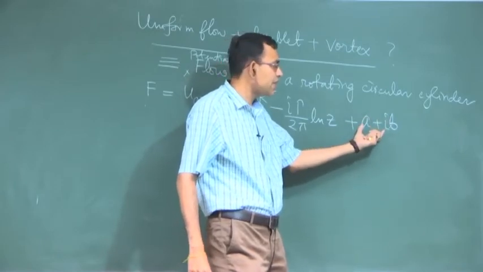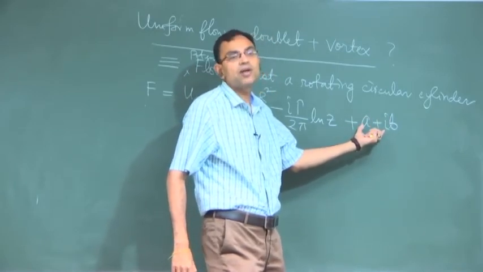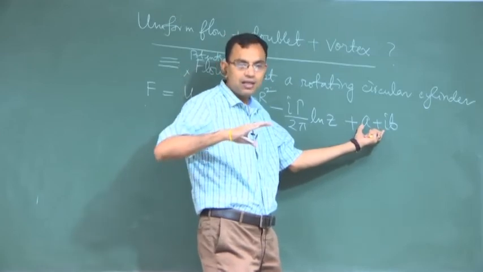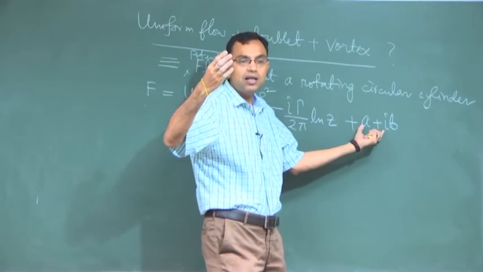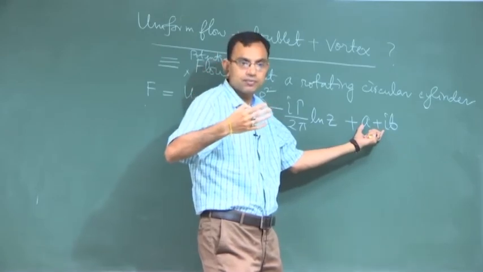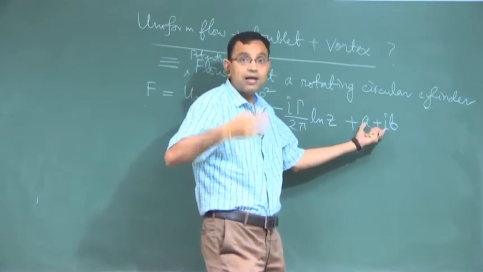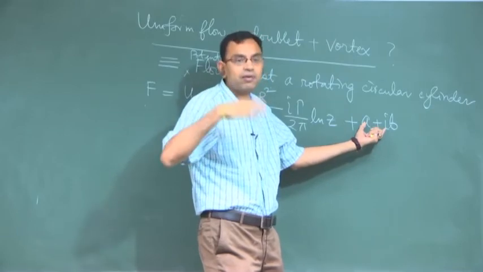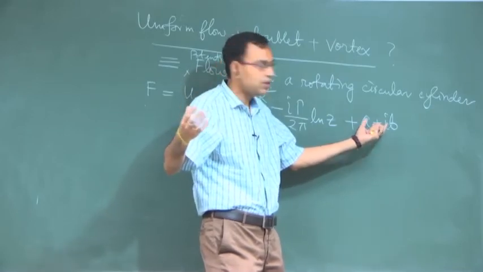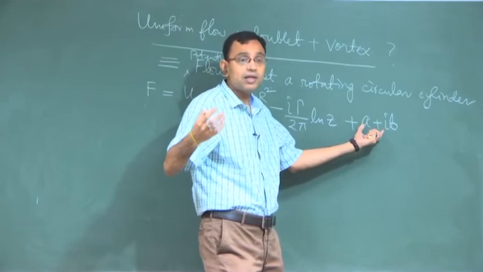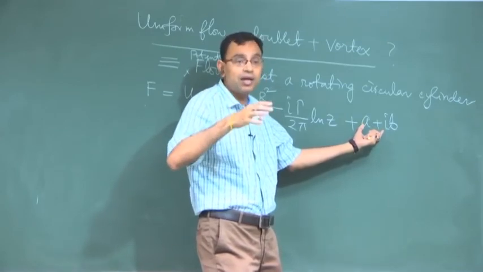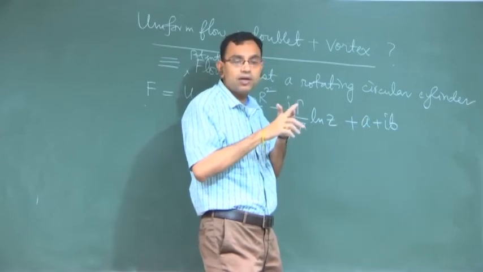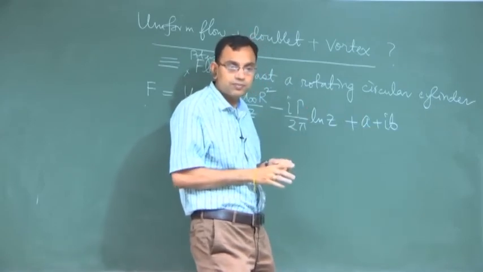This is just a constant, so it will not reflect in terms of velocity, it will just alter the values of the stream function and velocity potential, but not their derivatives, because these are constants and velocities are derivatives of stream function and velocity potential. So, this will not alter the velocity, but it will allow us to adjust the velocity in such a way that the radial component of velocity is 0 on the surface of the body. Okay.